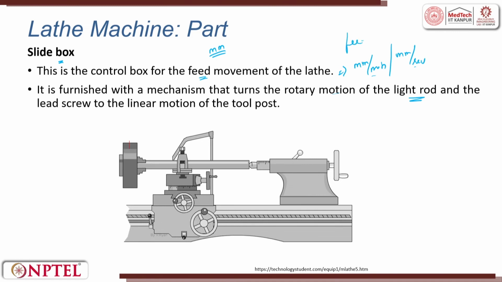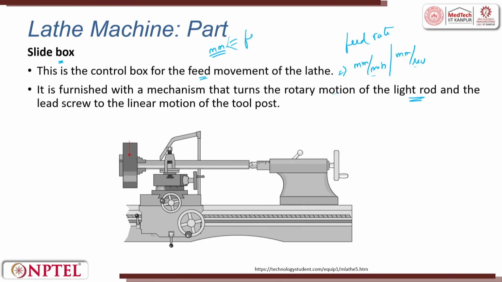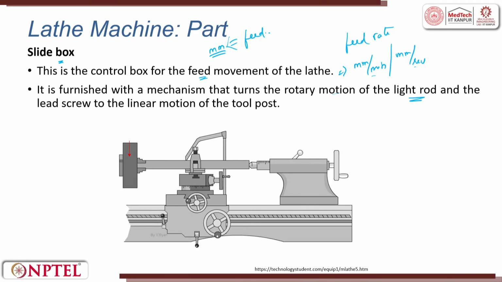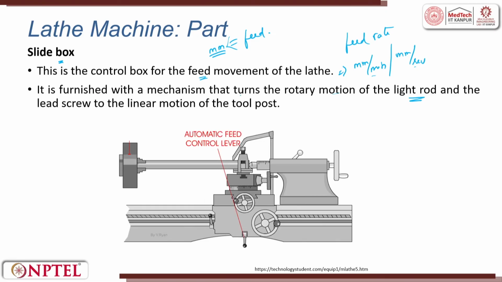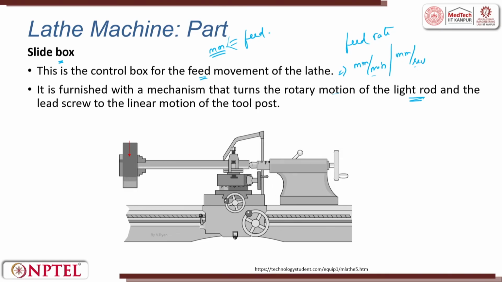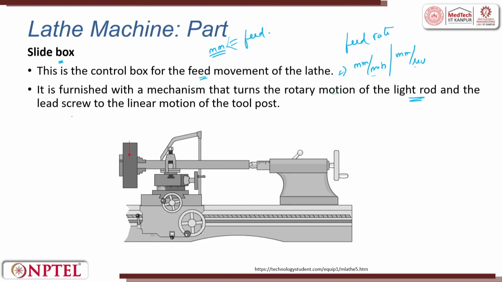This is feed rate, and this is feed. It is furnished with a mechanism that turns the rotary motion of the feed rod and the lead screw into the linear motion of the tool post. This is the tool post.